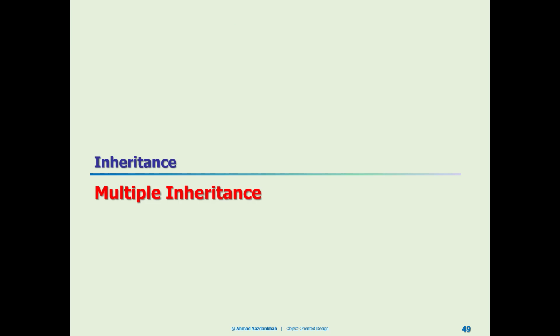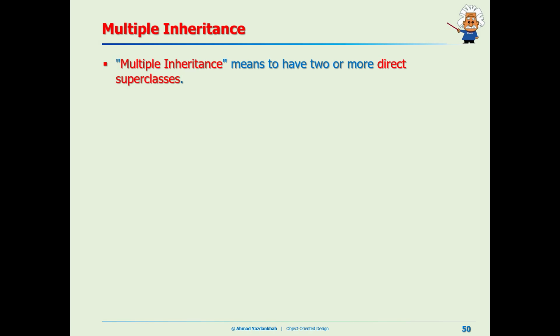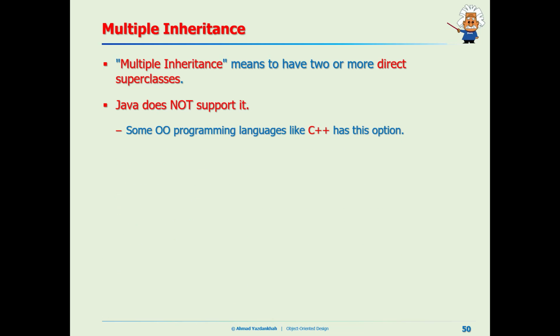The last question is about multiple inheritance. In other words, can we inherit from more than one superclass? Yeah, the response is Java does not support it. In some programming languages like C++, this is allowed, but in Java it doesn't.